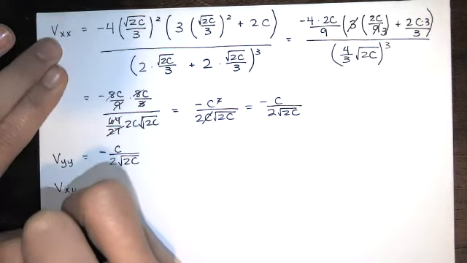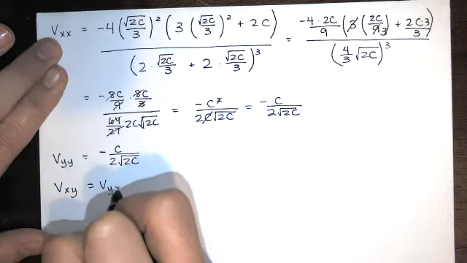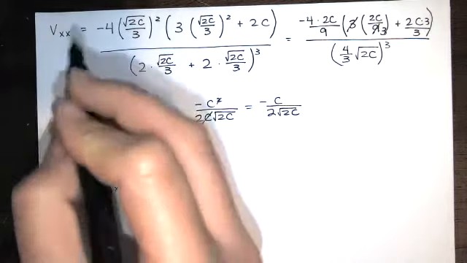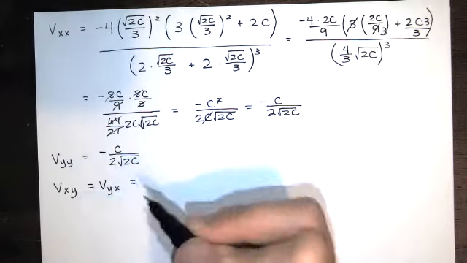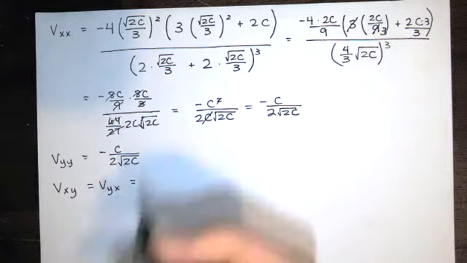And let's find those mixed partials. And this is, of course, at the critical point. All of these are evaluated at the critical point. I didn't write that in my notation, but I should have.